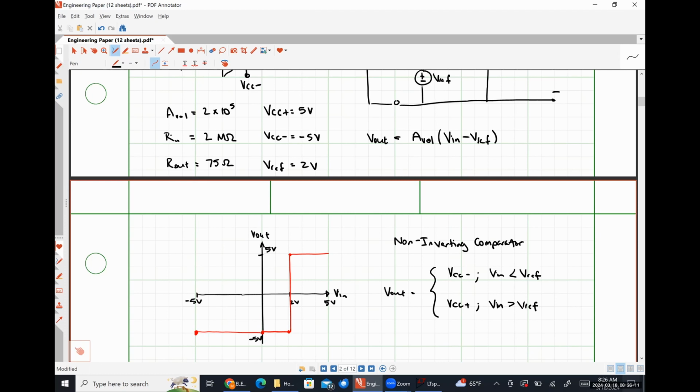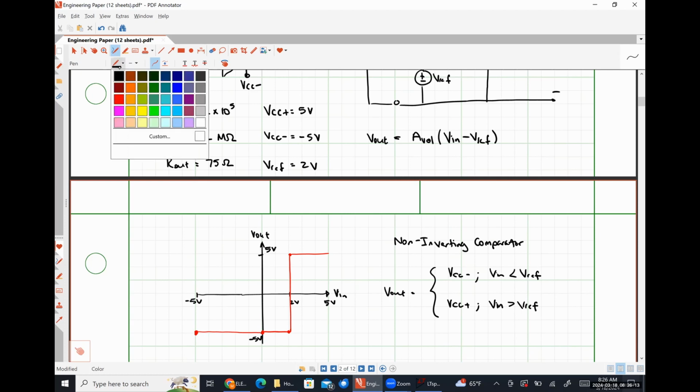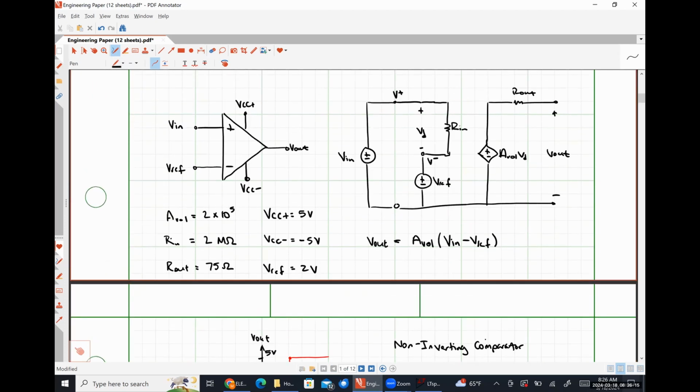Let's see what would happen if we flip the script slightly. And so all I'm going to do is I'm going to change where I apply my input voltage and where I apply my reference voltage.